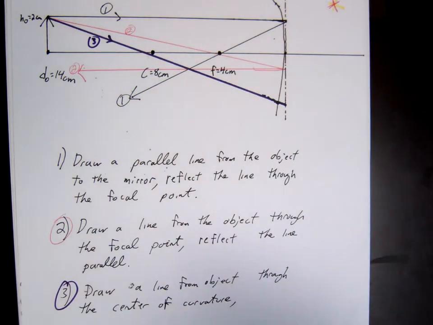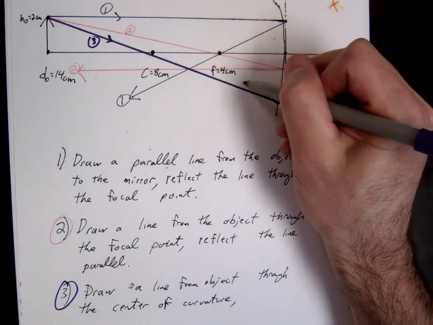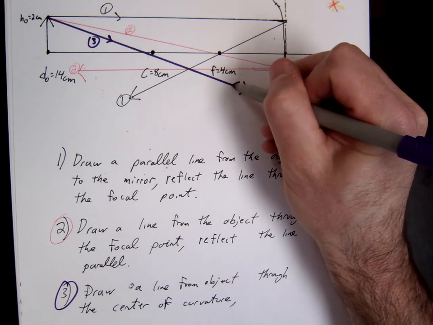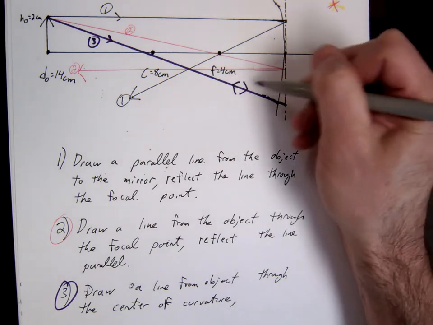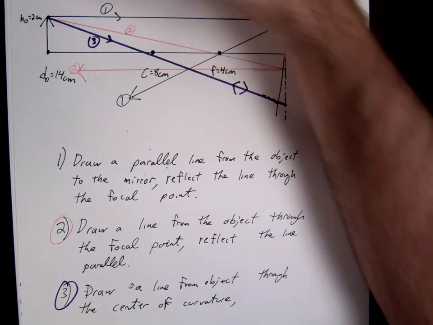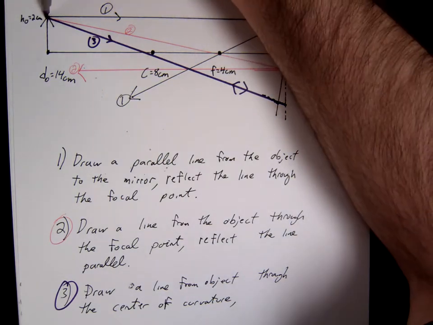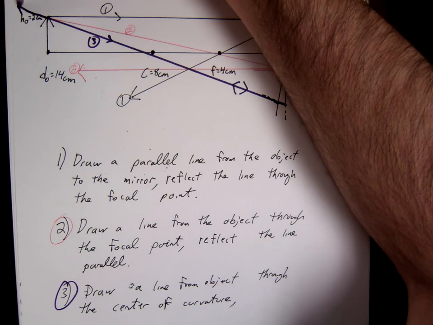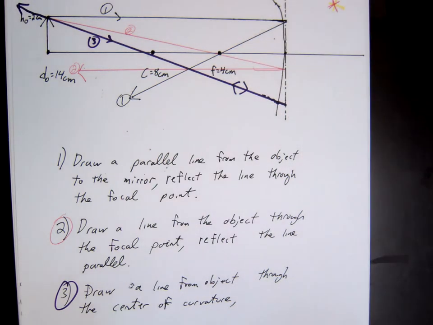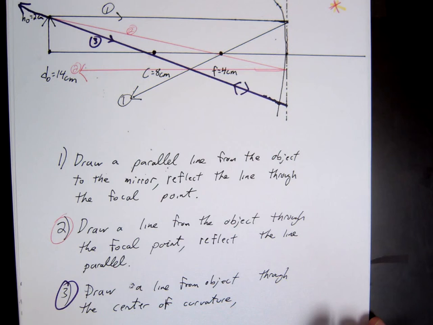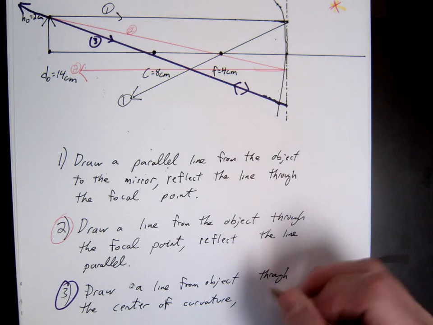It comes in like this, and it goes back the same way. So you don't have to continue drawing that. You can just know, okay, I've drawn it once, and it's just coming back along the same line. If you want to extend it out here, you could, but it's just going to maintain the same path for both. So that's beam number 3. Draw it straight back.